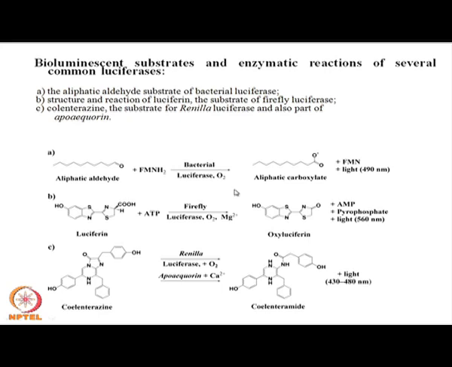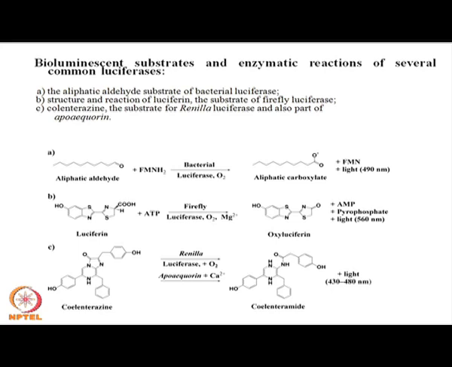So these bioluminescent substrates and different wavelengths are very useful, because depending on your requirement, you can tune this light using different chemical reactions. Okay. And as a result you can probe different things.